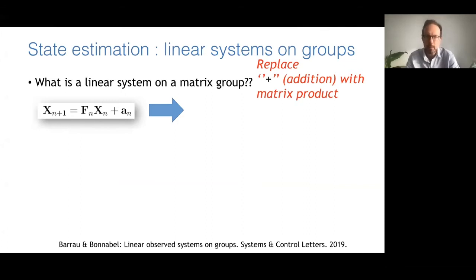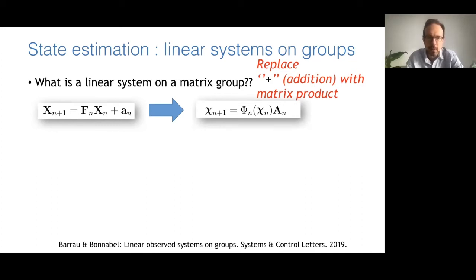To define it, we can replace the standard addition in vector spaces with matrix product. As we know that the product of two such matrices is another matrix of the same form, it corresponds to another element of the state space. So here, I replace plus by matrix multiplication. This is what I get in the realm of the chi matrices.